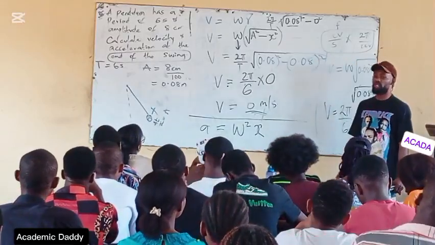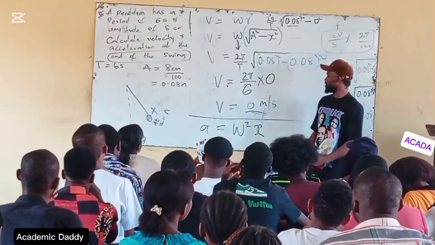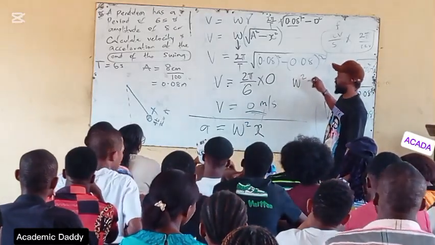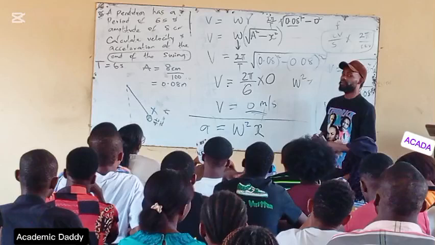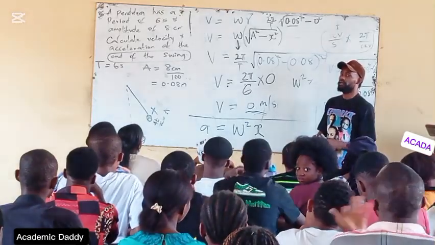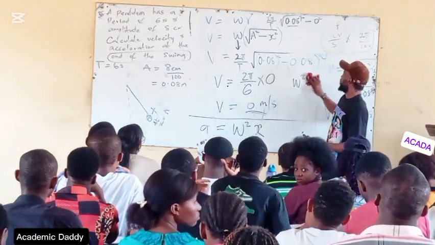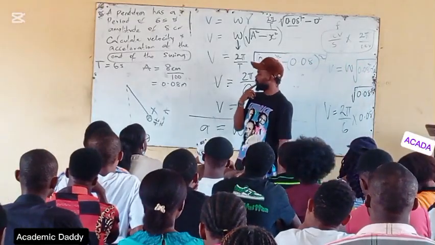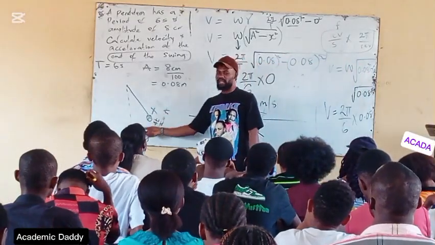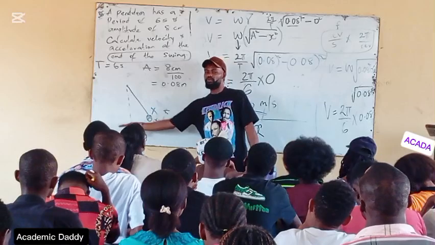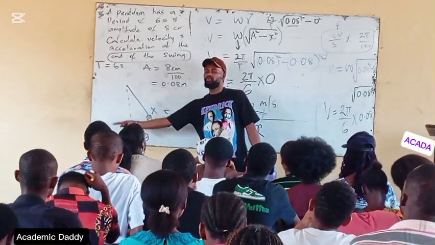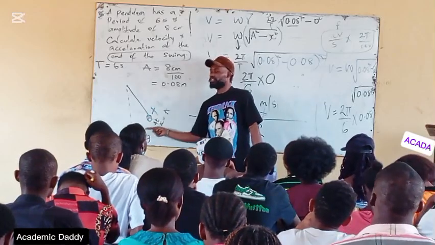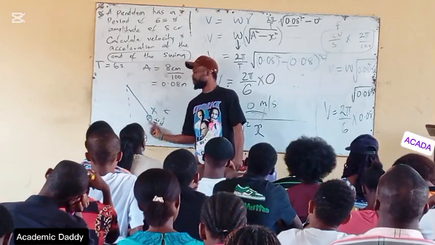Now see something. Notice that from this formula, which is w squared x, since amplitude is also a measure of displacement, if you replace it, you just notice that what is determining what we are doing here is actually the movement and the change in that movement, change in position. So that is what we are taking note of when it's acceleration. The change in velocity.